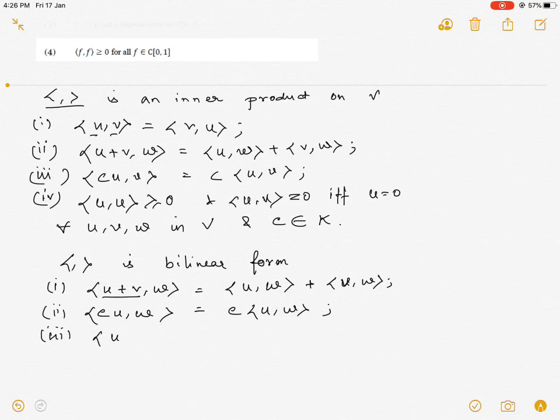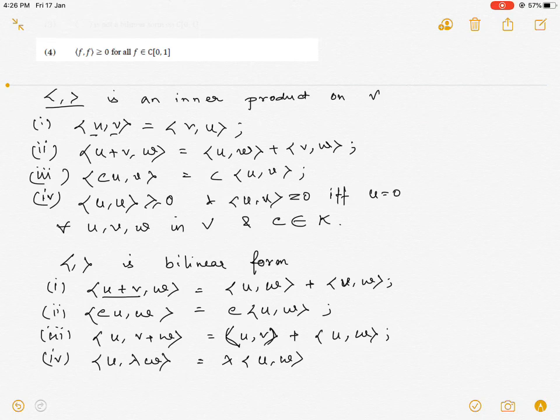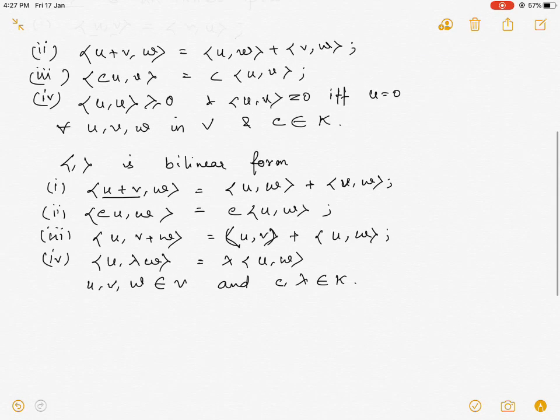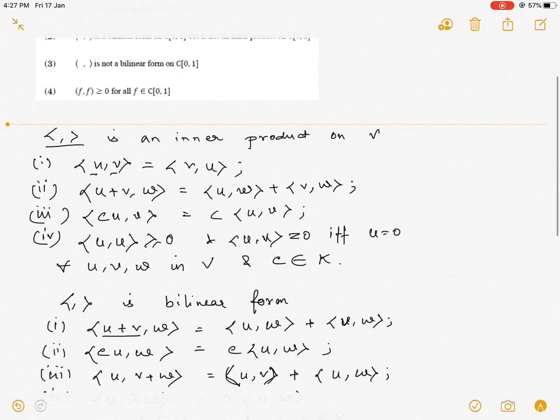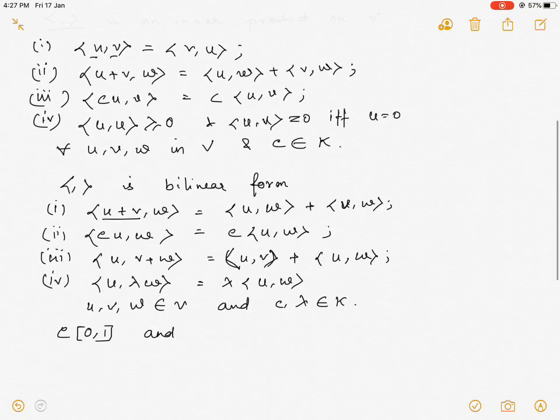This gives linearity in the first variable, and also linearity in the second variable: <u,v+w> equals <u,v> plus <u,w>, and <u,λw> equals λ<u,w>, for all u, v, w in V and c and λ in the underlying field, say K. Here our vector space is C[0,1] and the underlying field is the set of real numbers.